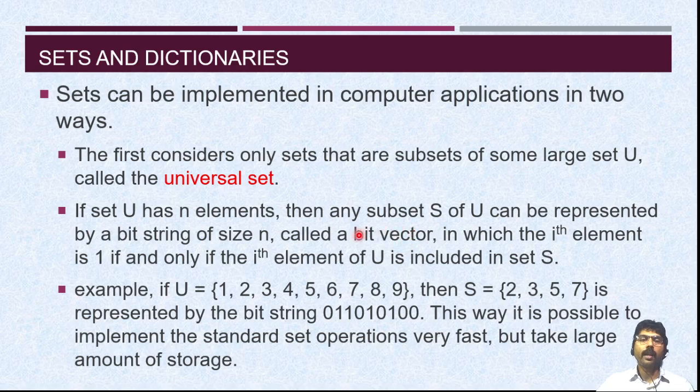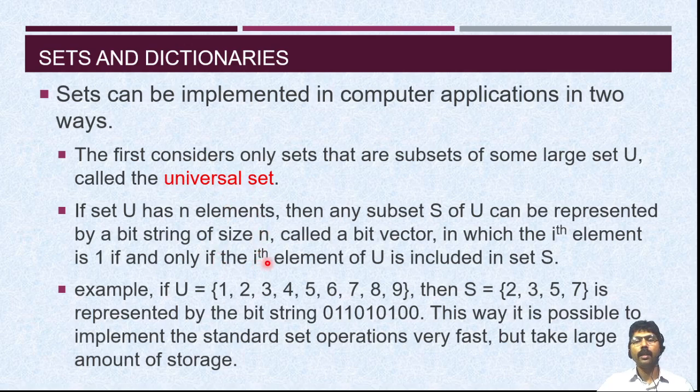This bit vector contains n bits. If the ith element is 1, that indicates that the ith element from the universal set is a part of our set. If it contains 0, that element is not part of our set.